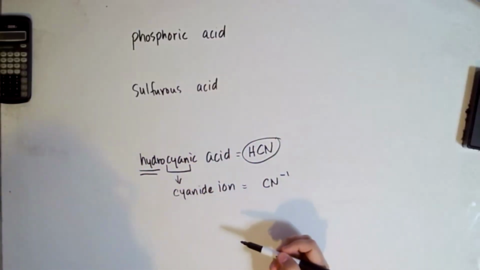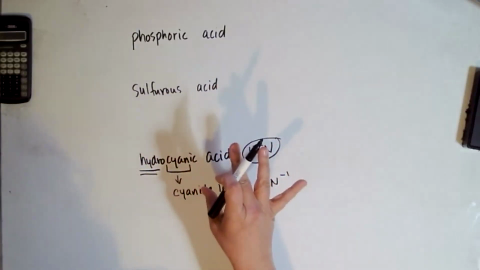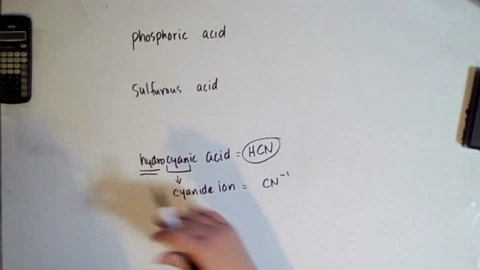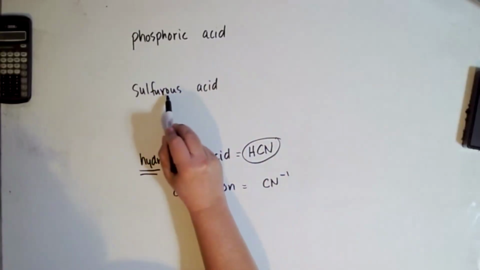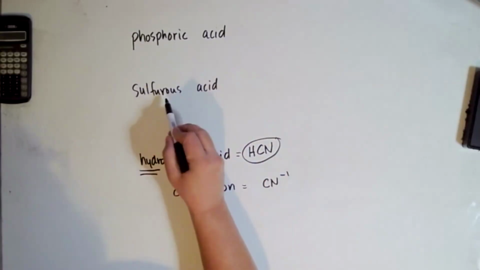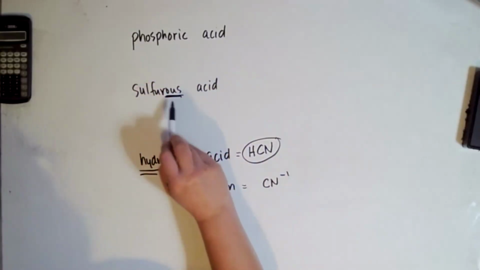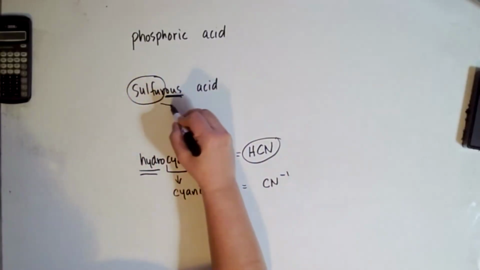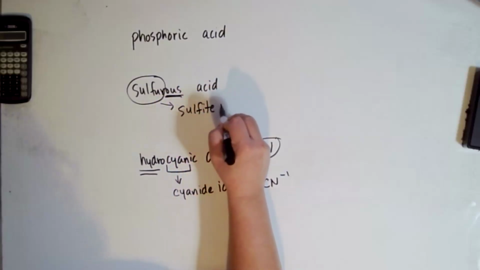For sulfurous acid, I know that I'm going to be working with a polyatomic ion that contains oxygen. When I look at my list, I'm going to be looking for polyatomic ions that end in ITE, because I have an OUS ending here. The polyatomic ion that this refers to is my sulfite ion.